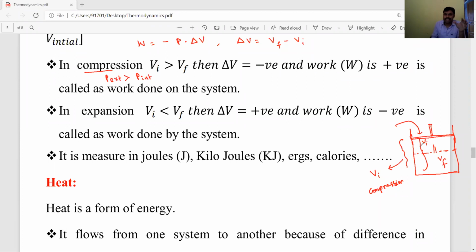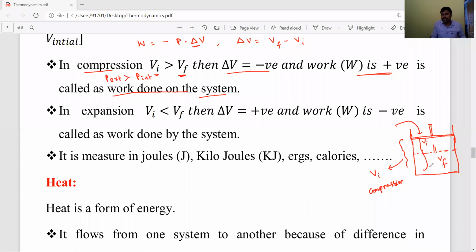So during this compression of a system, some external pressure is working on the system. The external pressure is more than the initial pressure of the system, and the initial volume is more than the final volume, so delta V is negative. If delta V is negative, then work, which is negative of negative, becomes positive. If work is positive, such work is called work done on the system.